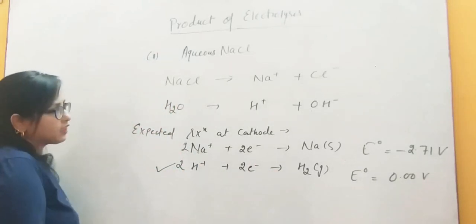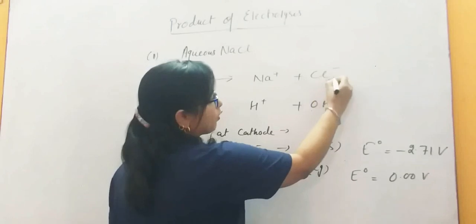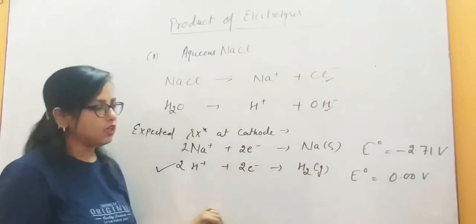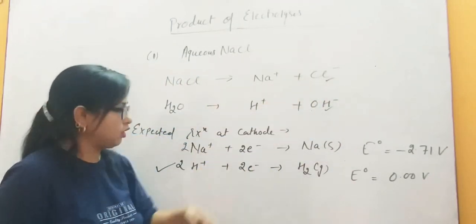Now in the second case, at the anode we have chloride ion and OH- ion. So I will compare both reactions.